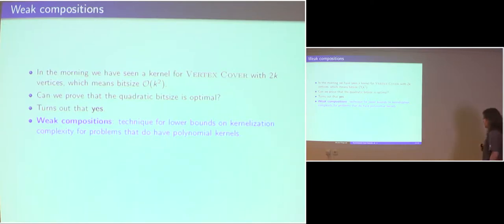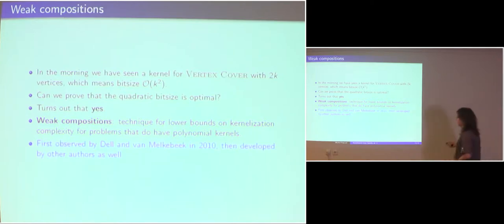This is basically the technique, based on the same methodology, to prove that some problems that have polynomial kernels do not have better polynomial kernels. This was first observed by Dell and Van Melkebeek back in 2010, and then it was developed further by other authors. So just to give the credit.